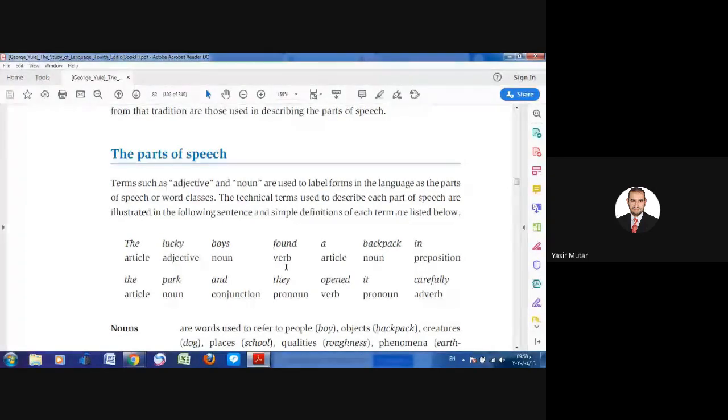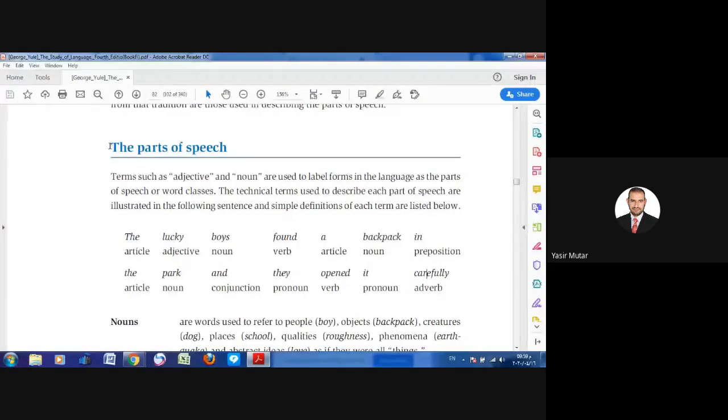So using a grammatical description of parts of speech, we will use it in this way. The is an article. Lucky is an adjective. Boys, the noun. Found is a verb. A, article. Backpack is a noun. In, a preposition.